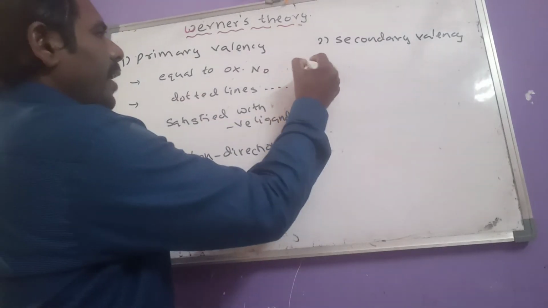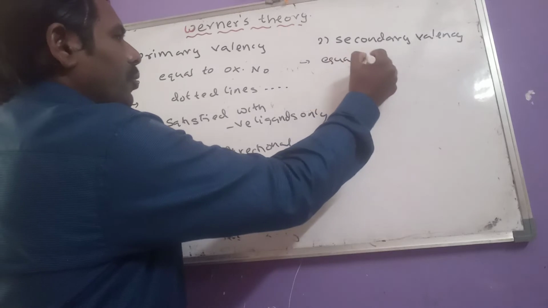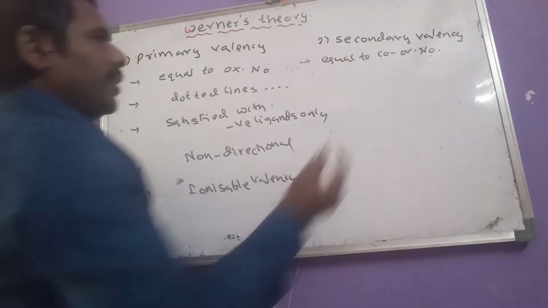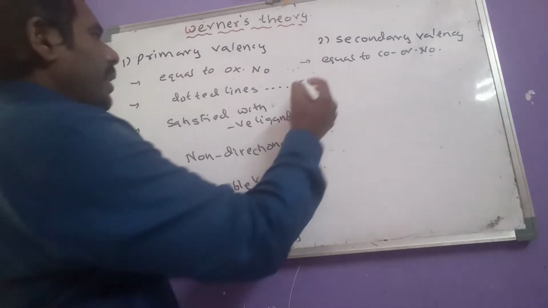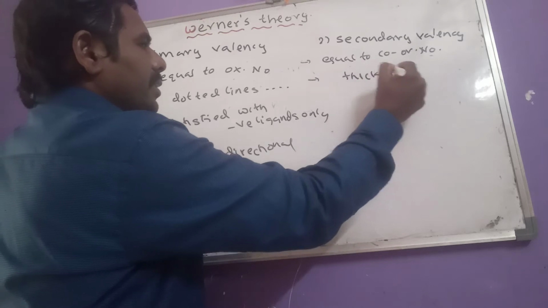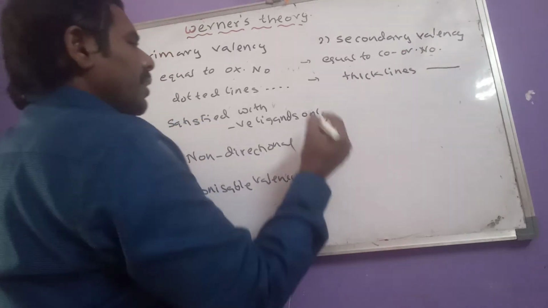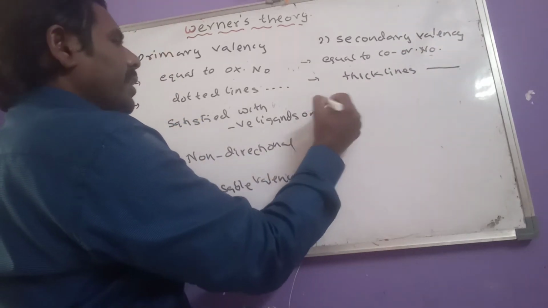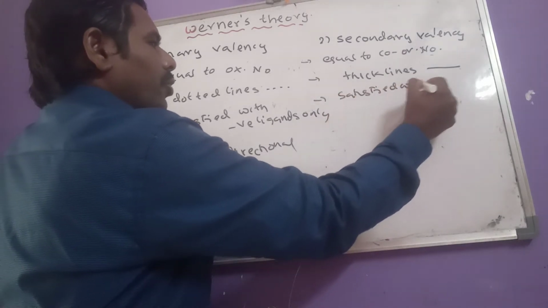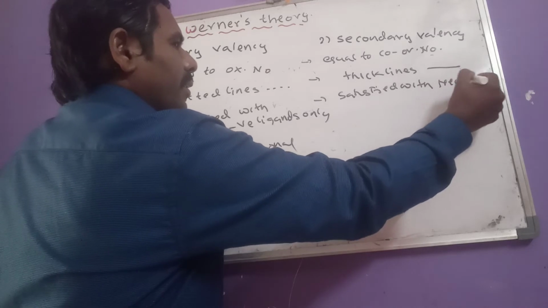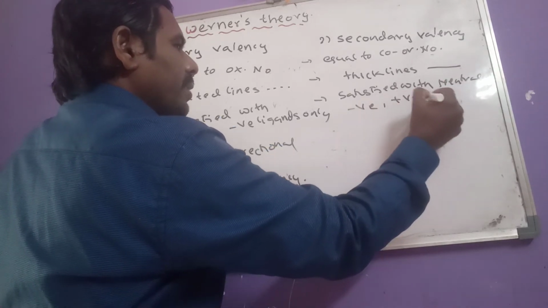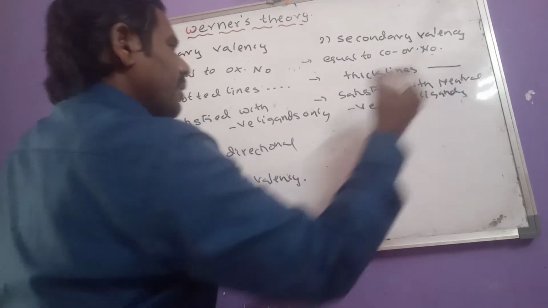Now come to the secondary valency. This secondary valency is equal to coordination number. So it is a fixed quantity and it is indicated with thick lines, and it is satisfied with neutral or negative or even with positive ligands.